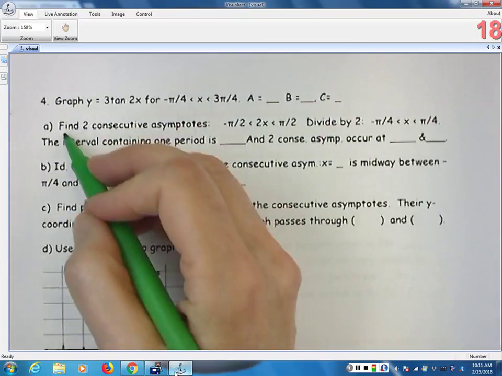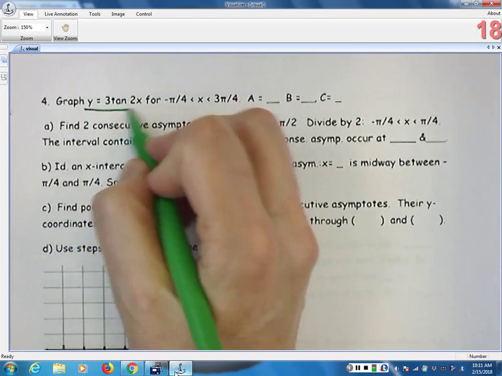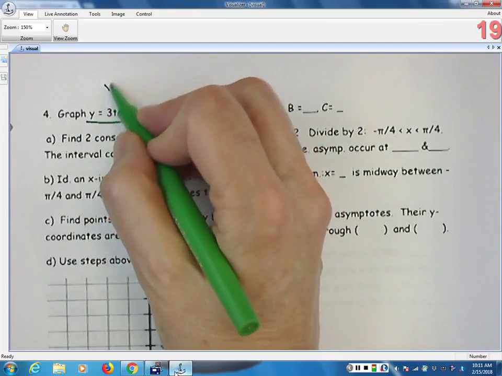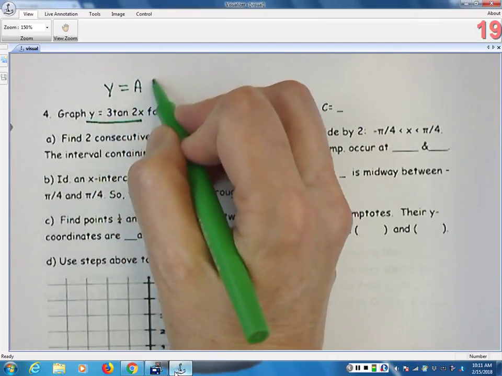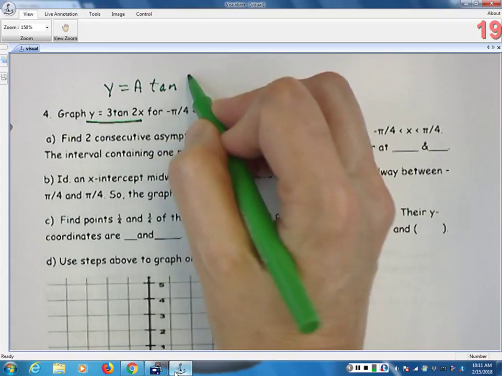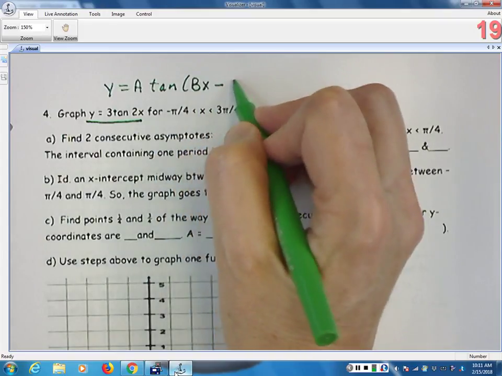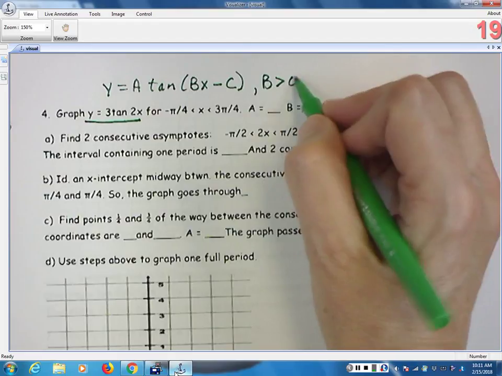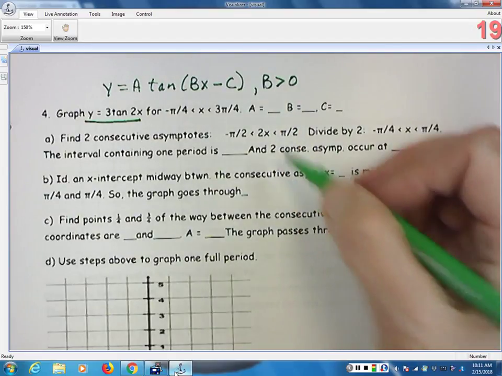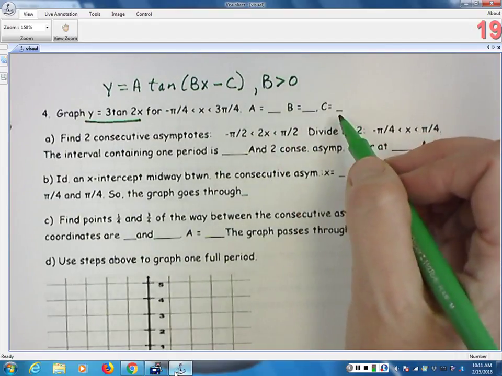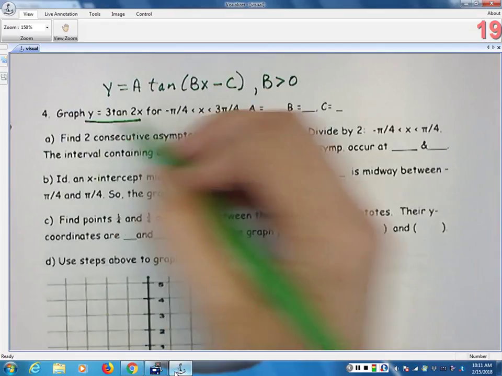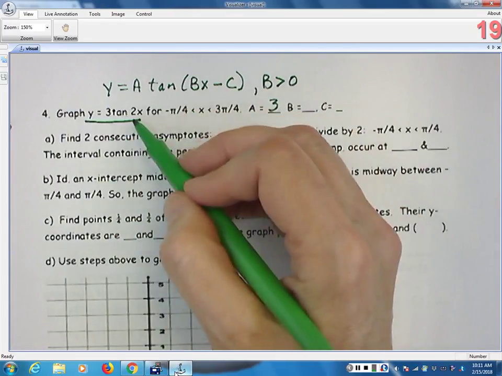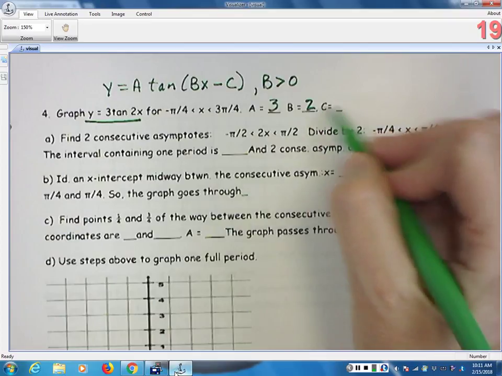I'm writing down above it y equals a tangent of bx minus c, b greater than 0. So identify a, b, and c first. A is 3, b is 2, and c is 0.